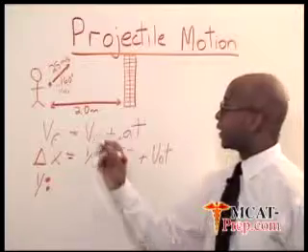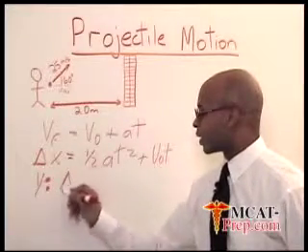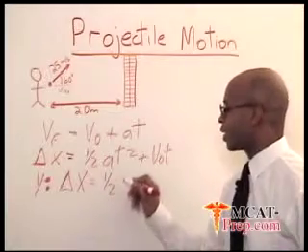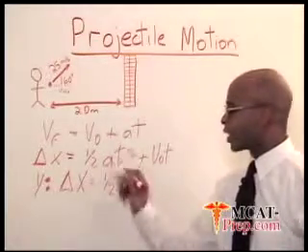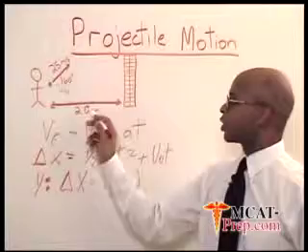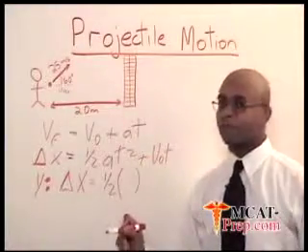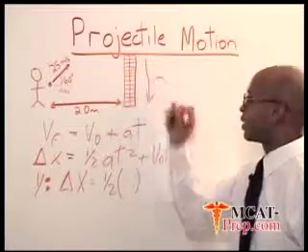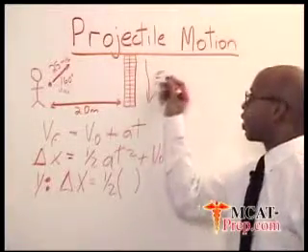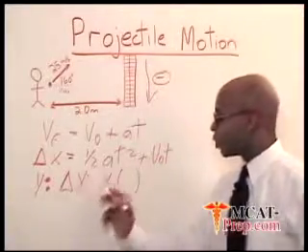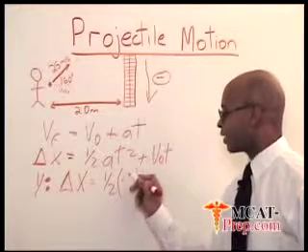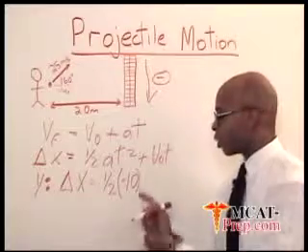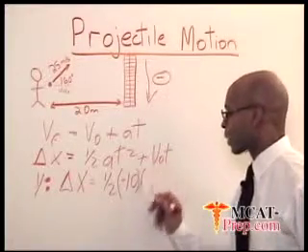So what we get is that the displacement delta y is equal to 1/2 a, which would be the acceleration, and the only acceleration in the y direction is gravity. So if we define downwards as, say, negative, arbitrarily, then we have 1/2 negative 10, more accurately 9.8 meters per second squared, but we'll estimate that as 10.